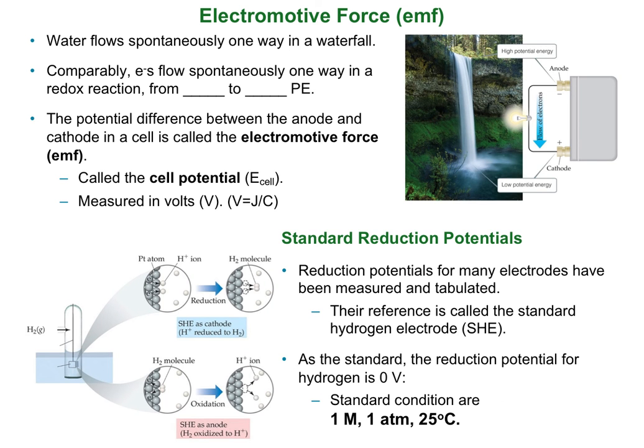When we have this reaction happening, I mentioned earlier that a voltaic cell happens spontaneously, so we're going to have electrons going from high potential energy to low potential energy. So they're stabilizing. Our high potential energy is at our anode, and it's flowing down into our cathode.